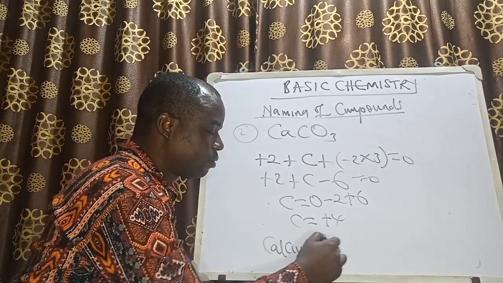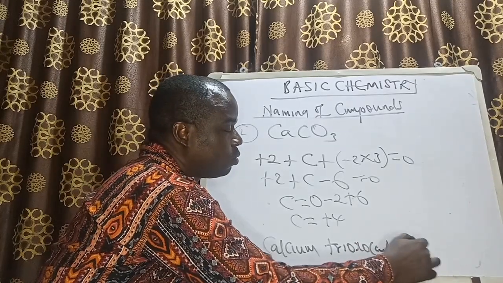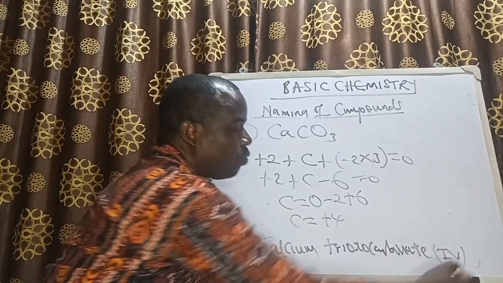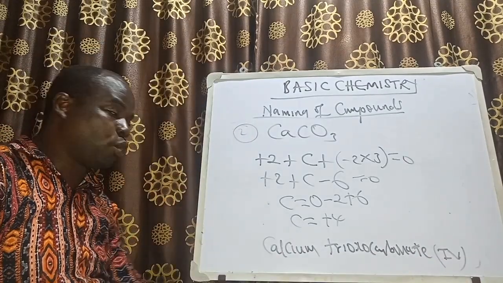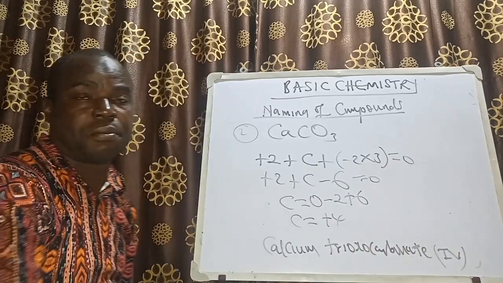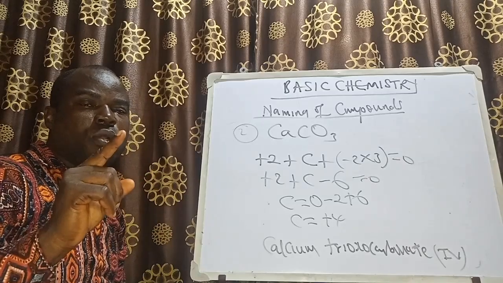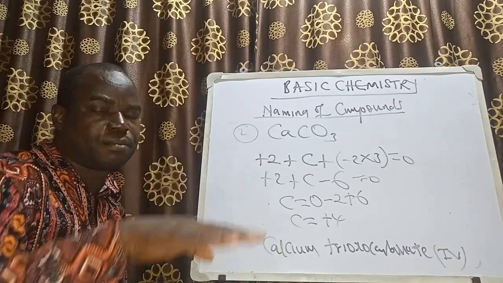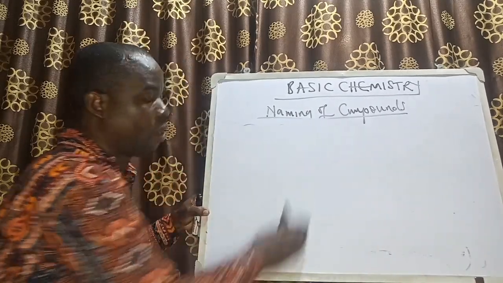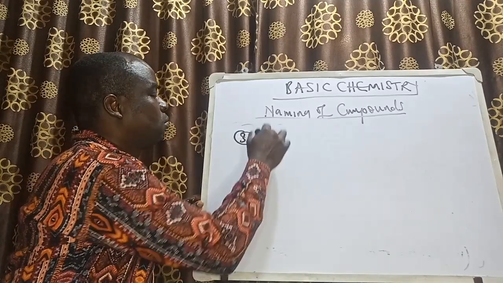So trioxocarbonate 4. Why is it 4? Because I have 4 as my answer here. So the answer you have here, put it there. Are you following? Now, let me take it a bit higher.